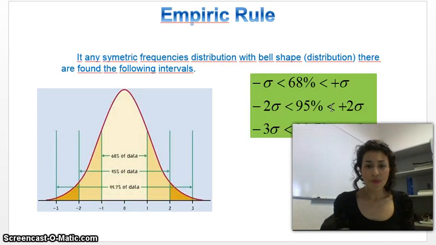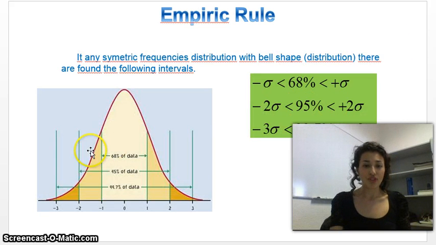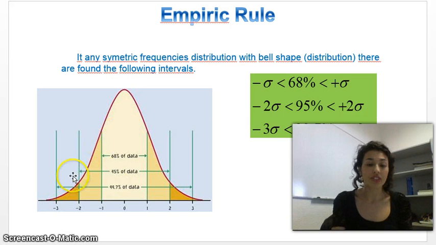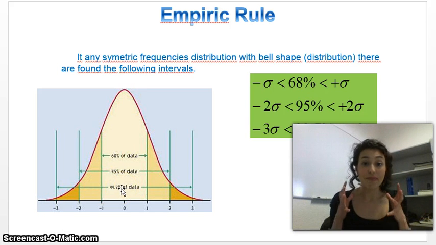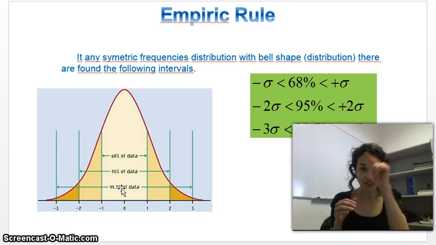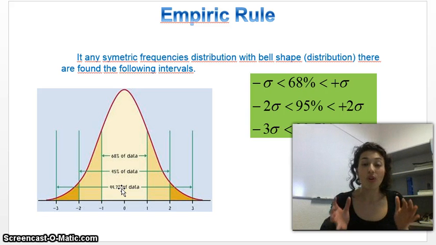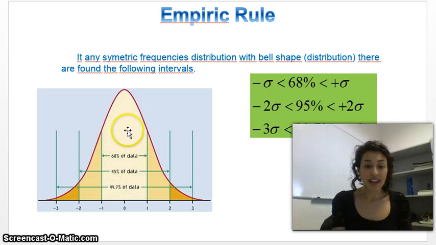Suppose I show you this graph. This graph is showing you a curve, a bell-shaped distribution, and inside this curve you will find all your data. If I put my finger here, this is the 0, we're talking about the mean.